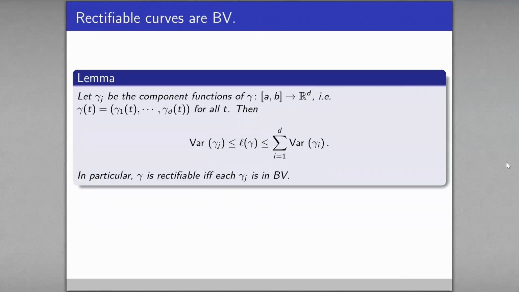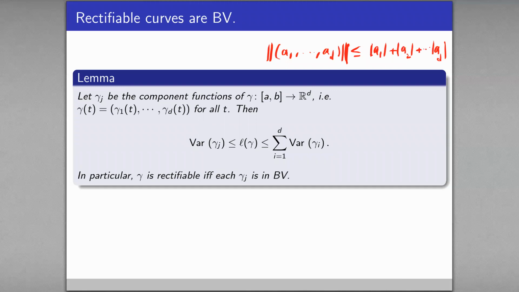The connection is through this lemma. This is not at all difficult to prove. It's just definitions. And the fact that the length of a vector (a1, ..., ad) in R^d is less than or equal to |a1| plus |a2| plus ... plus |ad|. This is saying that the Euclidean norm is less than the L1 norm, if you're familiar with that.